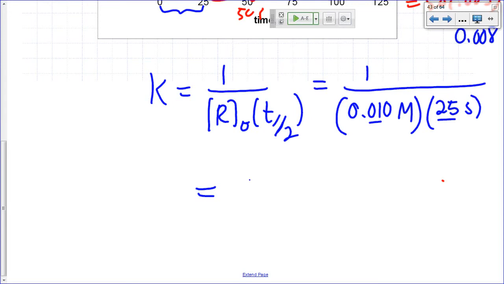So 1 over 1/4 would be 4, right? So this is going to be 4. And what's the unit for our rate constant? Per molarity per second. Okay? That's the unit for a second order rate law. That's your rate constant right there.